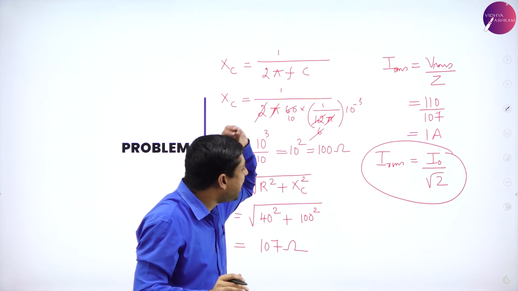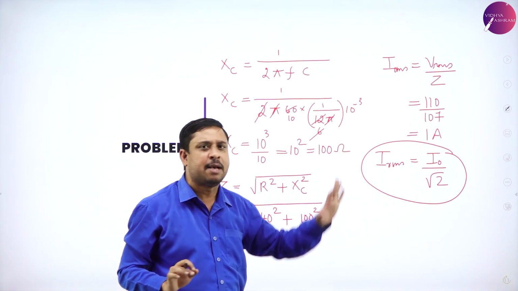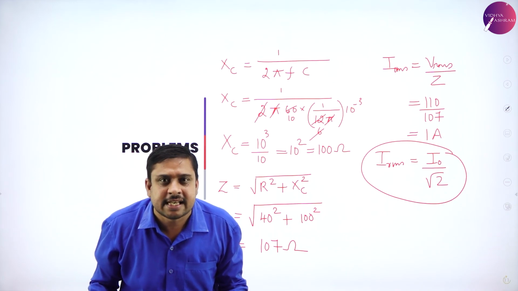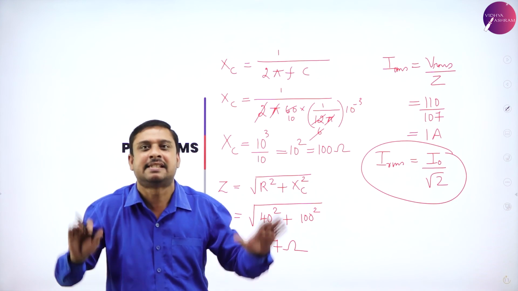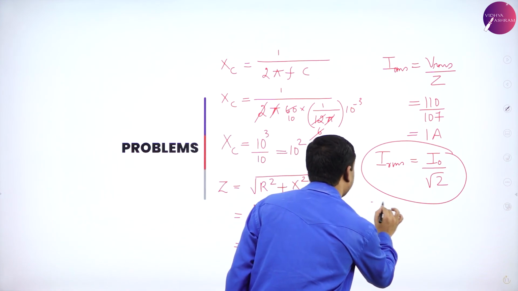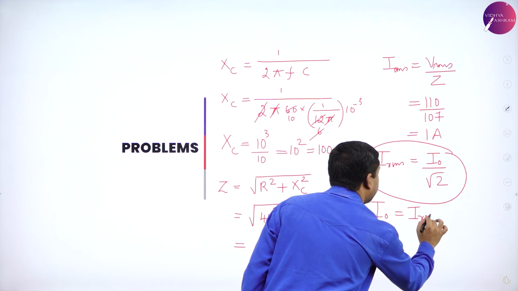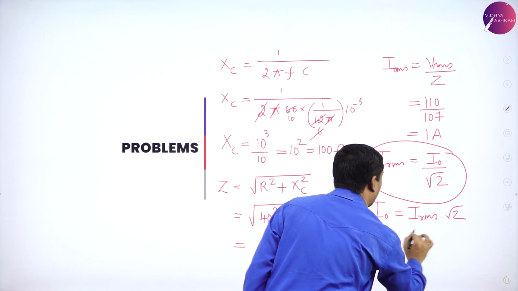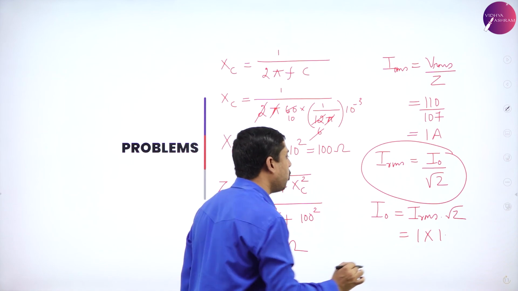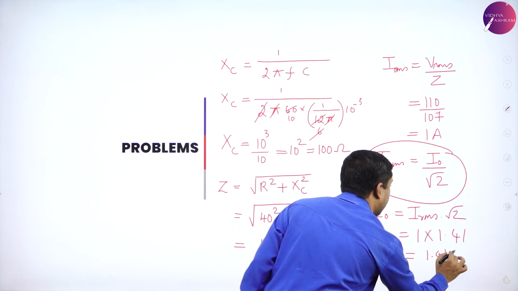See, to calculate any specification, the first 3 steps, calculation of respective reactances, impedances, IRMS holds good. So here, I naught is IRMS into root 2. So 1 into 1.41, which is 1.41 amps.